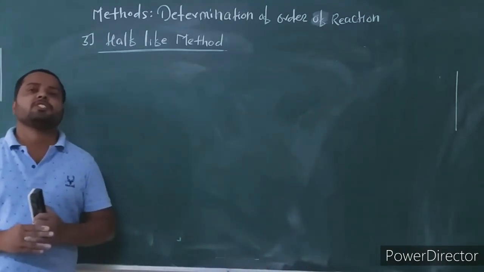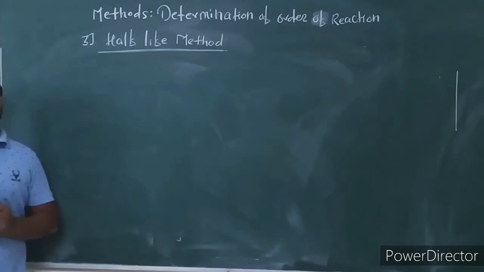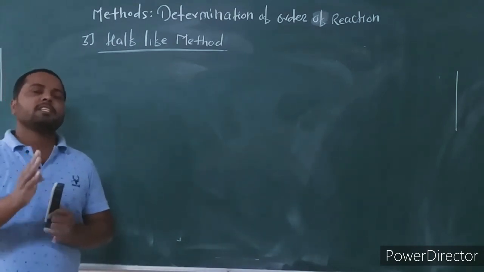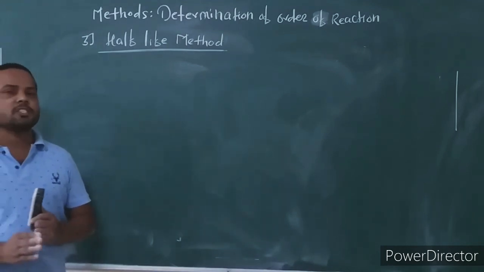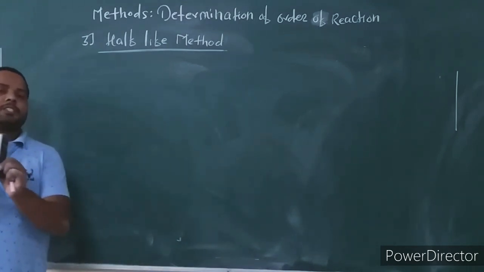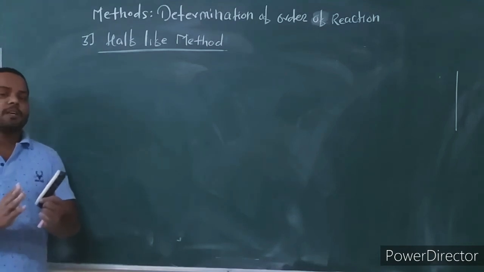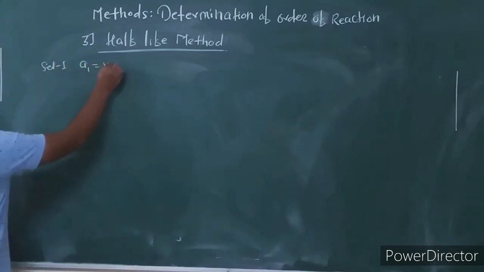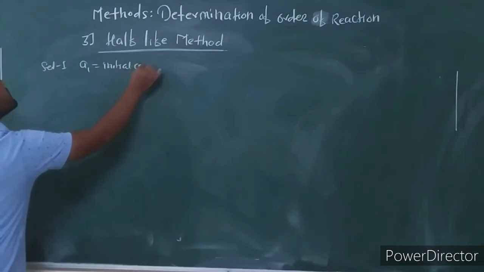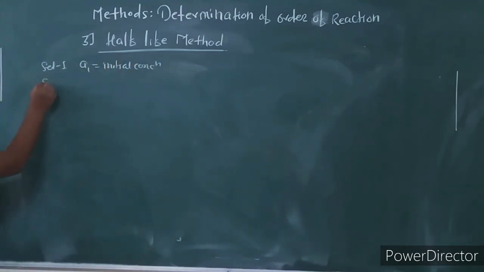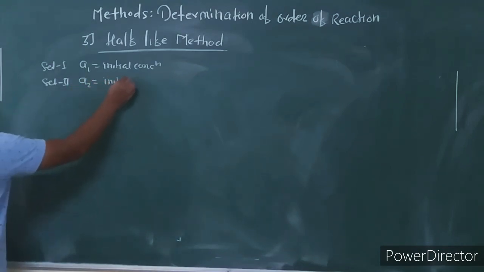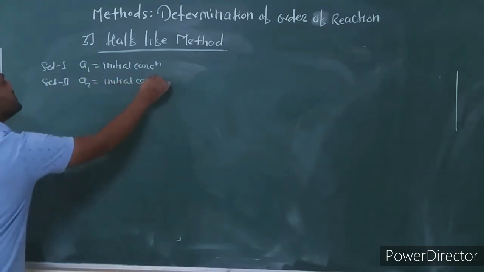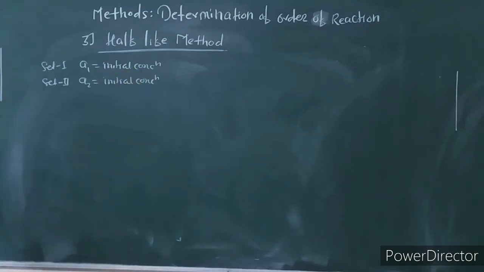The given reaction is performed in two different experimental sets by taking two different initial concentrations. In the first set we take initial concentration A1, and for the second experimental set A2 is the initial concentration.